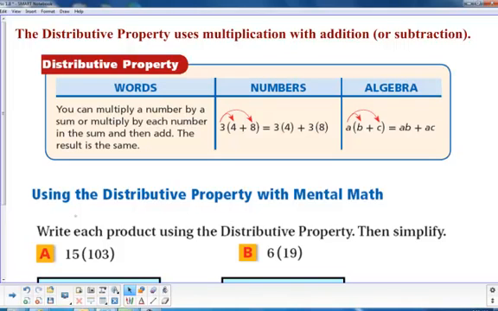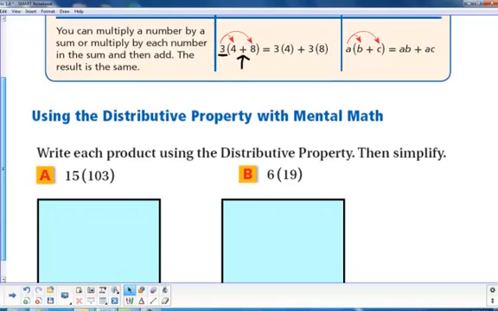All right, the next very important property is distributive. So if you have a number next to a parentheses or a letter, it means multiplication. And you need to multiply it through if there's any sort of plus or minus in the parentheses. So 3 times 4 plus 8 is the same thing as 3 times 4 plus 3 times 8.